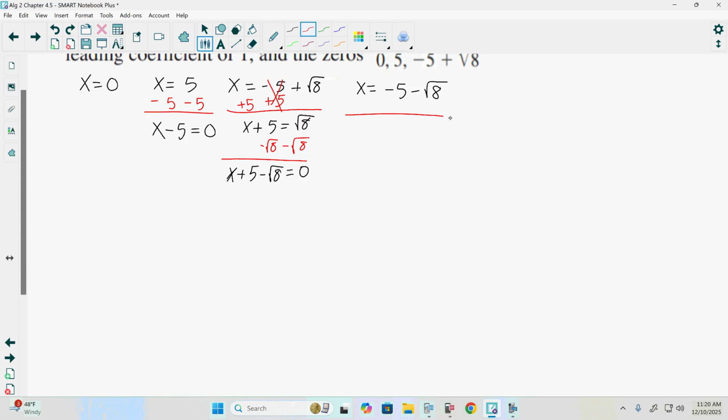Got to do it one more time. We are going to add 5 first, just like before. Telling us x plus 5 is equal to negative square root of 8. But this time, instead of subtracting the square root of 8, we're going to have to add it to both sides.